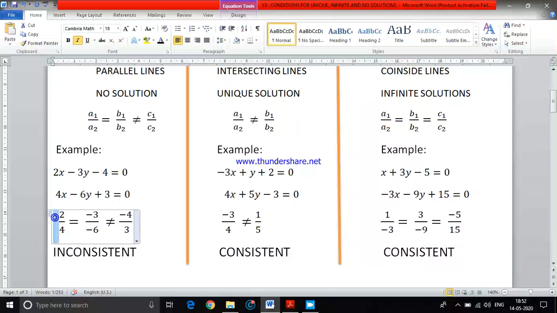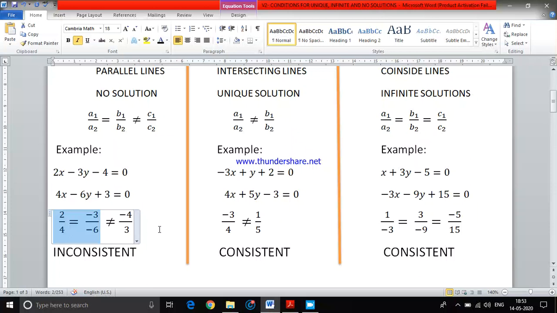Now if you observe the first two ratios, 2 upon 4 is 1 by 2. Minus 3 upon minus 6, minus minus will get cancelled, and 3 1s are 3, 3 2s are 6, so minus 3 by minus 6 also gives me 1 by 2. That means the first two ratios are equal.